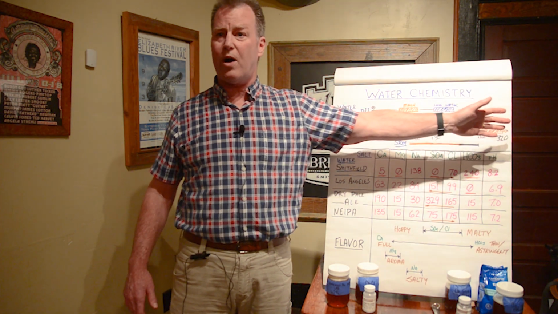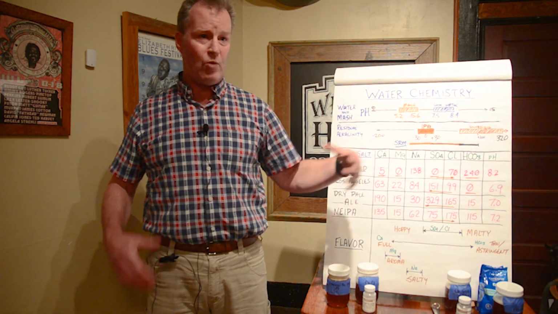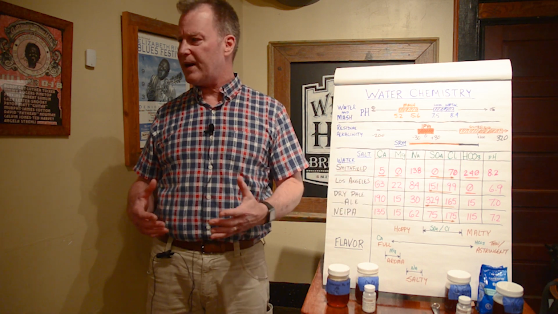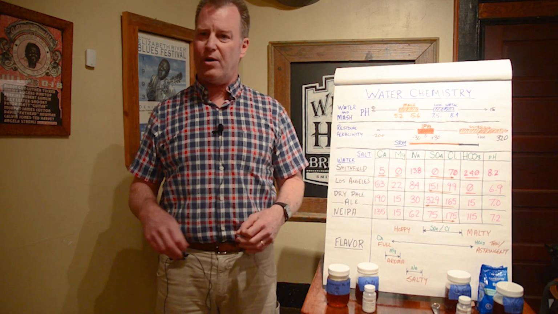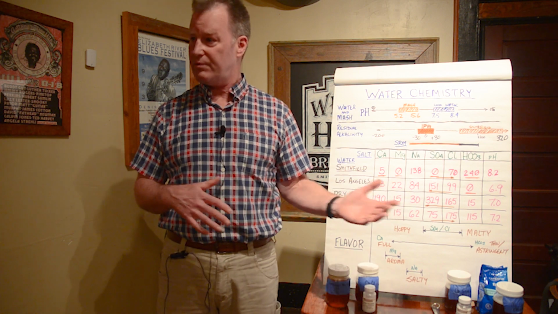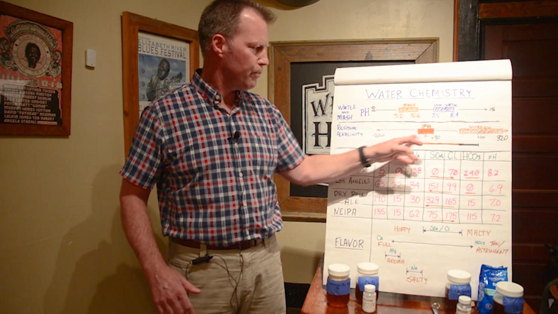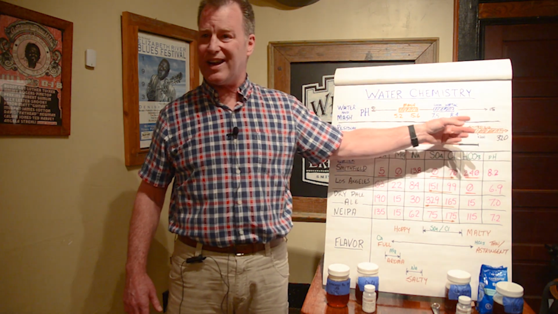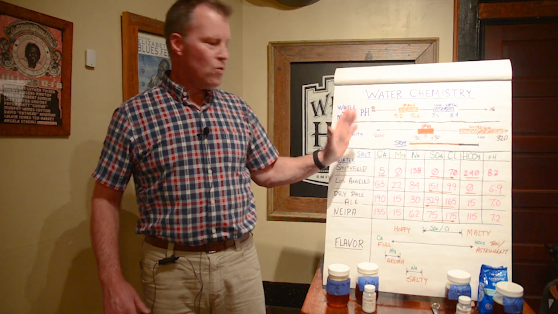If you use the Chuckatuck water, remember Adam and Mike Smith were having a real hard time with the water. It's because there are so many bicarbonates in it, you can't add enough malt, you can't add enough acid to get it to IPA level, which should be plus 30 to minus 30. I think it was 320 for Chuckatuck. Mine's at like 240, right? So it's off the scale.